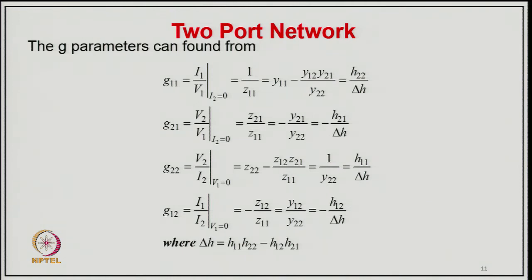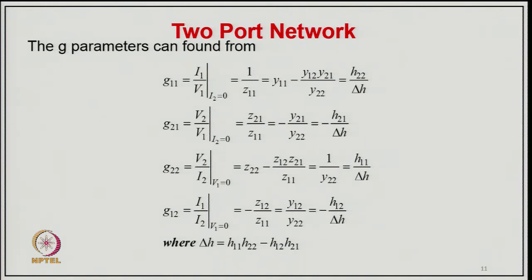We already defined Z11, and that is equal to Y11 minus Y12 Y21 upon Y22, equal to H22 divided by delta H, where delta H is defined as H11 H22 minus H12 and H21. Similarly, G21 is V2 upon V1, that is the voltage gain when I2 equals 0, meaning the second port terminals are open, and that is defined in terms of impedance parameters as Z21 upon Z11, equal to minus Y21 upon Y22, equal to minus H21 upon delta H.